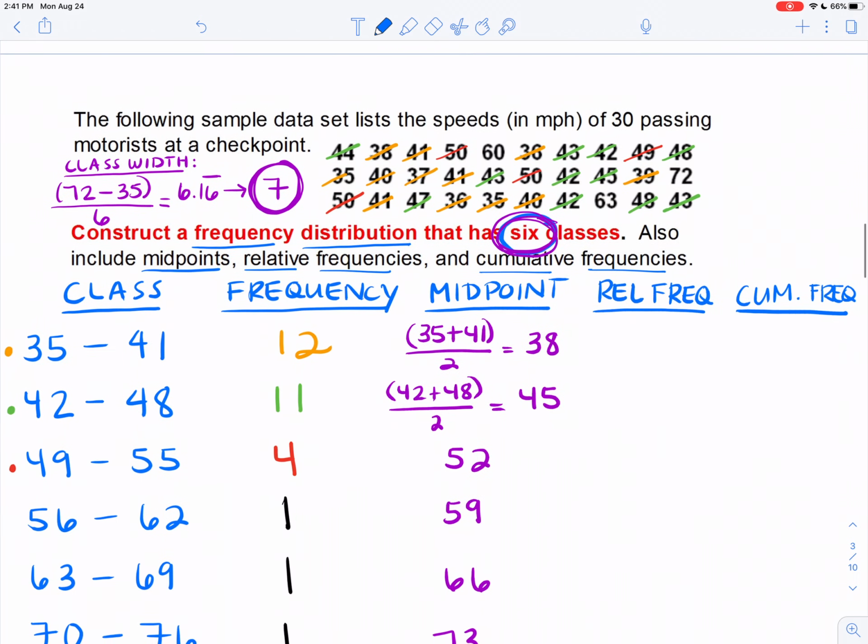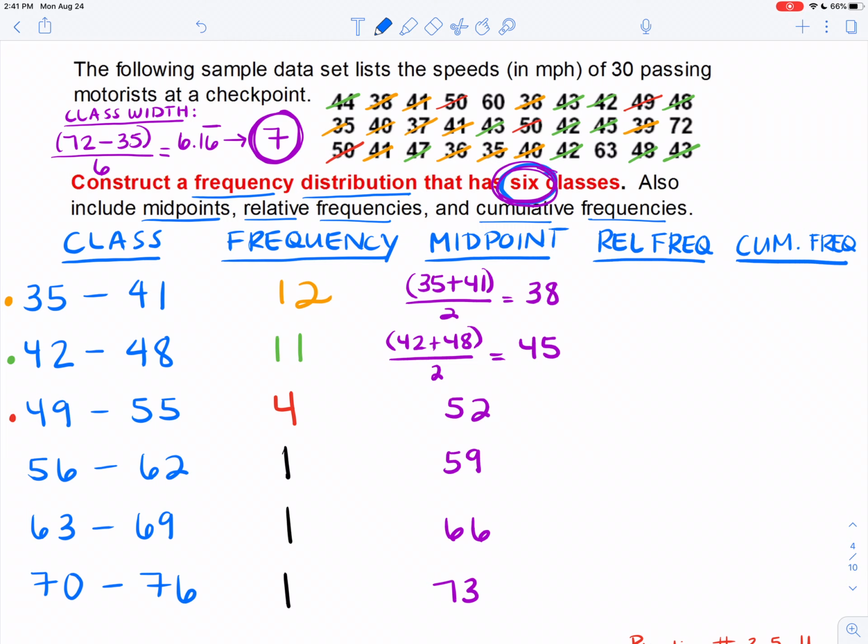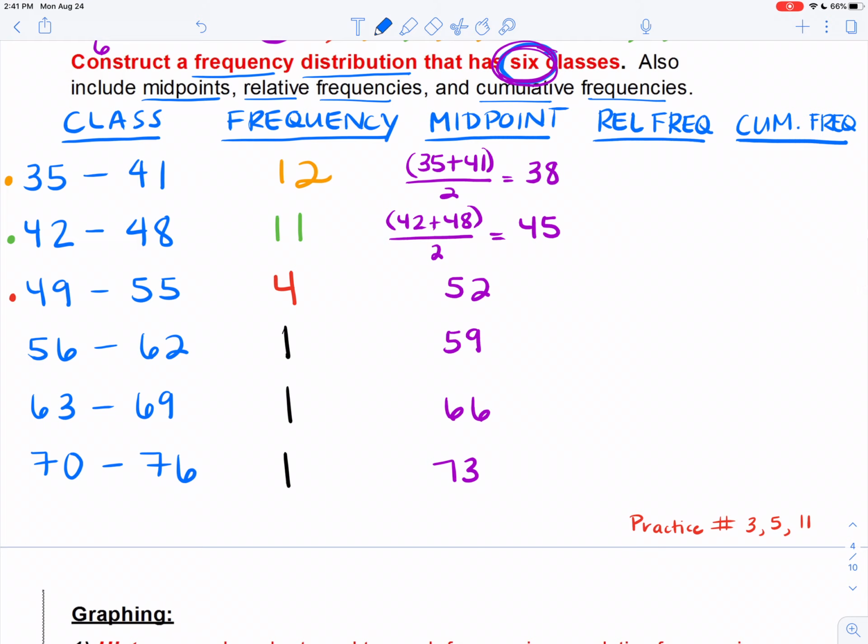So if I come back over here to my data set, there are 2 ways to determine the total frequency. One is just to look at how many total data values you have. The other, if you don't have the data set sitting in front of you, is to look at your frequency column and add them up. Either way, I'm talking about a total frequency of 30.